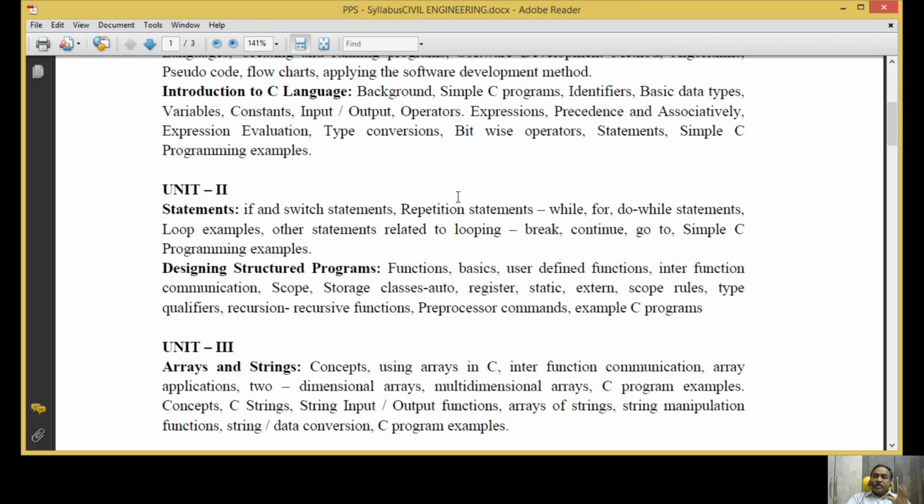Right? Similarly, control statements are used and then loop statements are used. Different kinds of statements are used. Sometimes it may so happen that if a condition is not satisfied, then the further operation should go to the next part rather than this part.